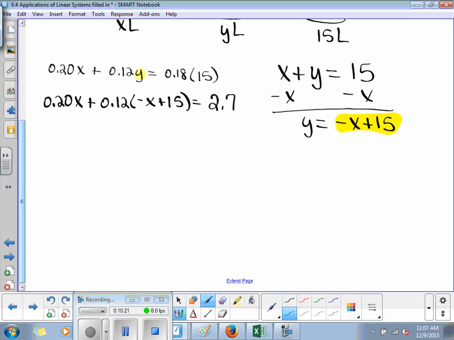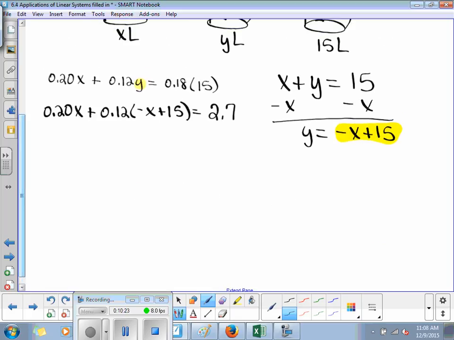And now we simplify. I need some more space. All right, so we're going to distribute. So we have 0.20x minus 0.12x plus 1.8 is equal to 2.7.